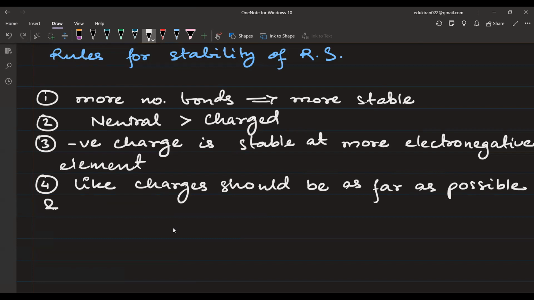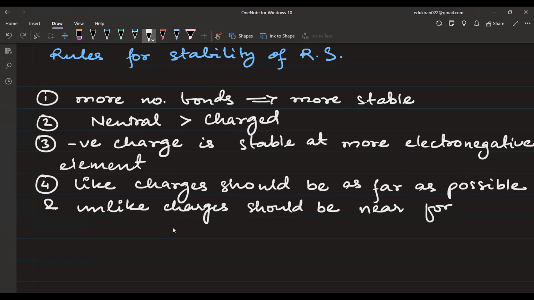And unlike charges should be near for more stability. Okay, so these are the 4 rules.